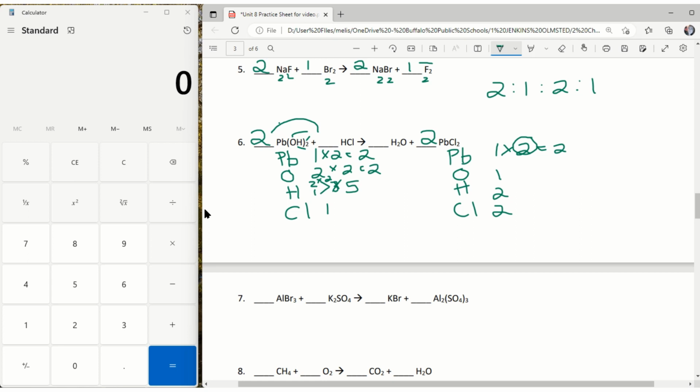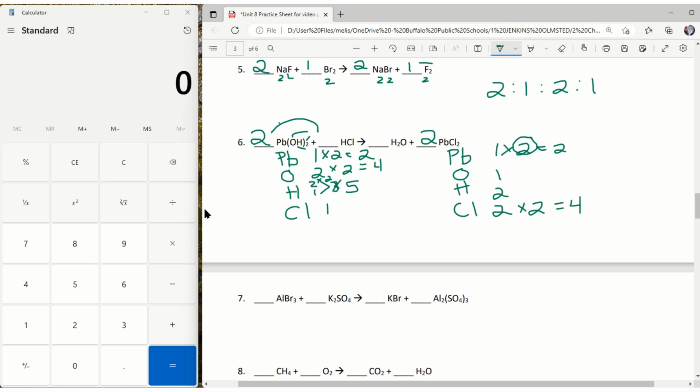When I do that, oops, I just noticed I did 2 times 2. That should be, let me actually erase it for real. 2 times 2 is 4. Oops. Okay. Anyway, let's go back here. So PB I have 2, but also I had to multiply the CL times 2 to get 4.